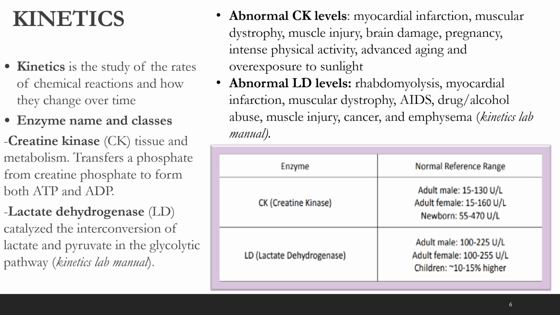Abnormal levels of CK are related to MI, MD, muscle injury, brain damage, pregnancy, intense physical activity, advanced aging, and overexposure to sunlight. Abnormal levels of LD are associated with rhabdomyolysis, myocardial infarction, muscle dystrophy, drugs, alcohol, muscle injury, cancer, and emphysema. You can see right here the normal reference range for the values of CK and LD.